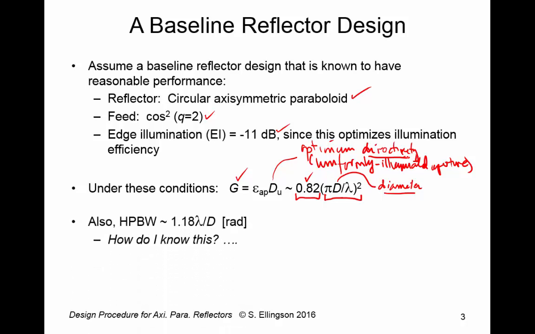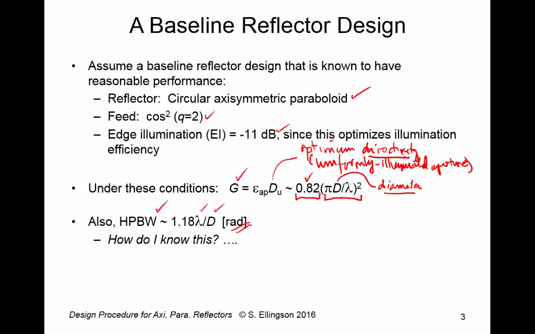Also, we know from previous work that the half-power beam width of this baseline design is about 1.18 wavelength divided by diameter. And that, of course, has units of radians. Now, how did I know this? You may look back at the lecture notes and say, no, I don't think we actually worked this out.